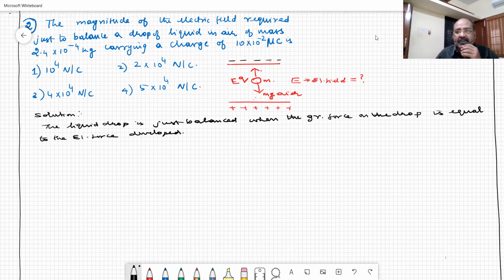Then the drop is said to be in equilibrium position, or it is said to be just balanced.